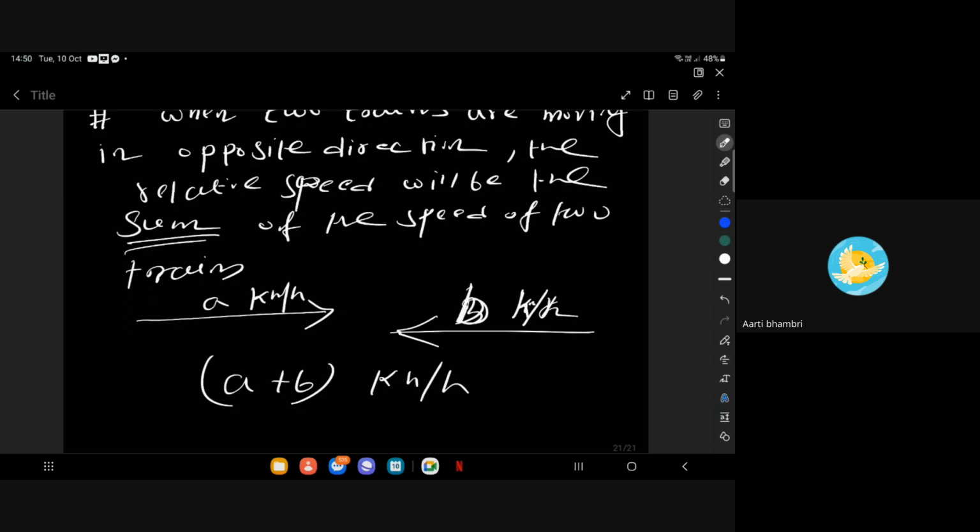That's why the relative speed is minus when moving in the same direction, you subtract the speeds. But in the opposite direction, the speed seems to be increased with respect to you. That's why it will be the sum, the addition of the two speeds, if they are moving in the opposite direction. Is it clear?